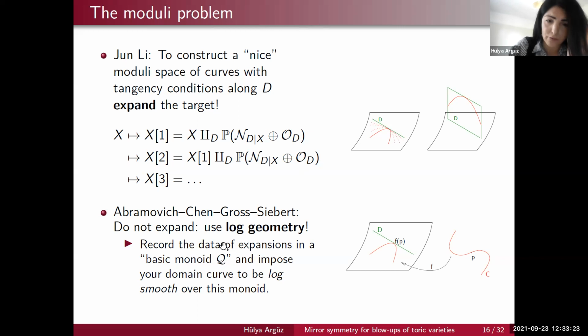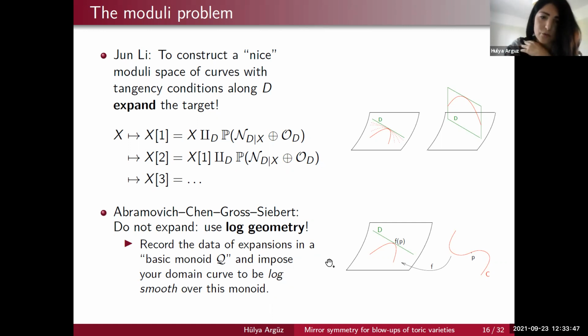So they can show that you can describe a monoid which encodes all the state of these bubbles and put some additional condition on your domain curve. And this condition is saying that locally the morphism from your curve to this monoid ring should be, locally you should have a morphism of monoids.